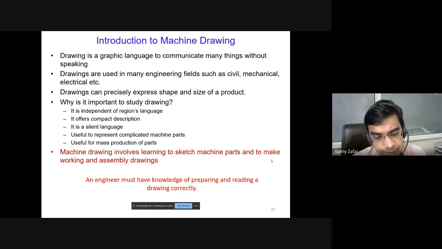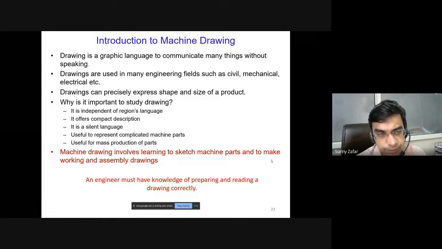And then we had seen the different methods of projection in drawing, which included perspective projection and orthographic projection, and towards the end we discussed first angle projection and third angle projection. So with that basic understanding about drawing, we jump ahead to discussing specifically machine drawing.